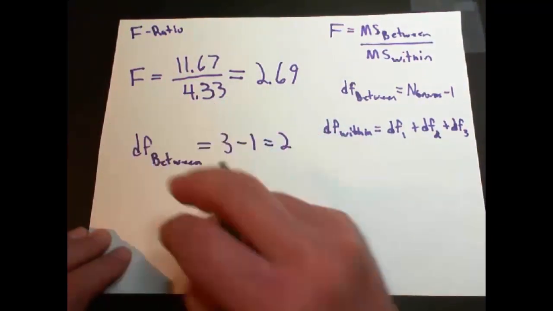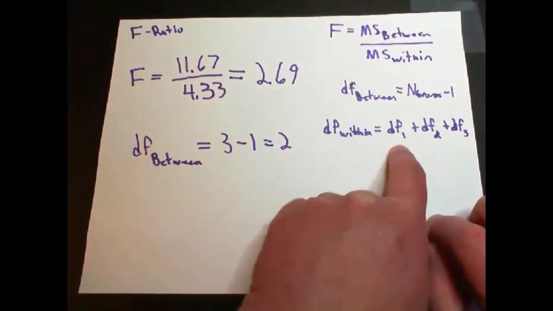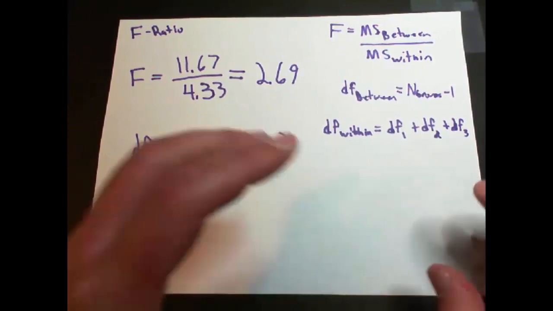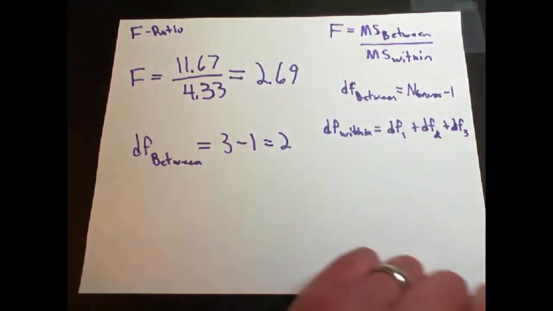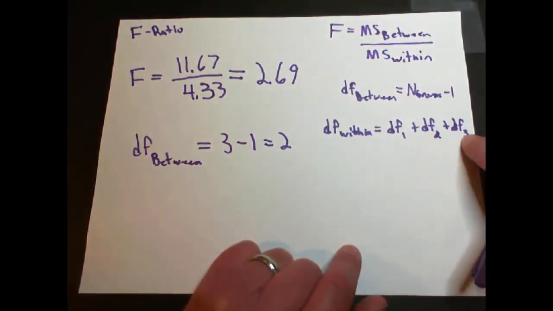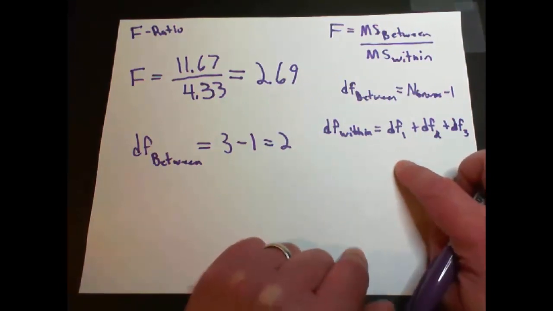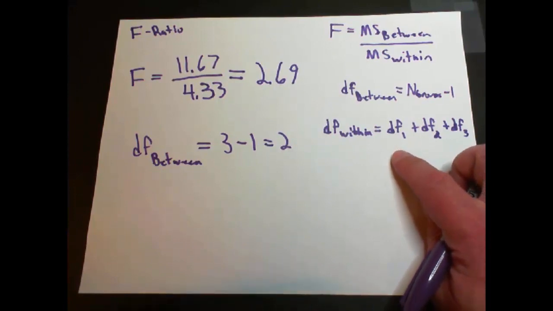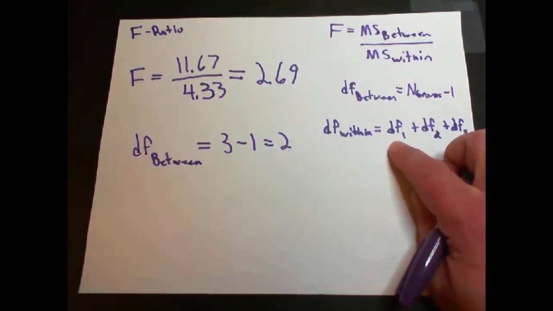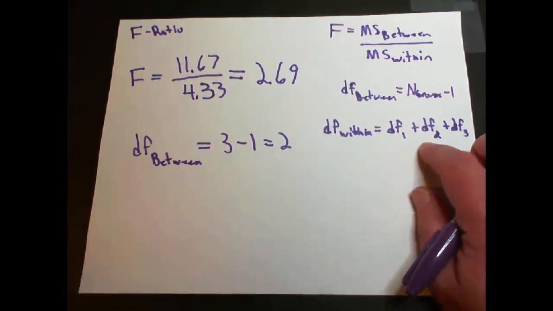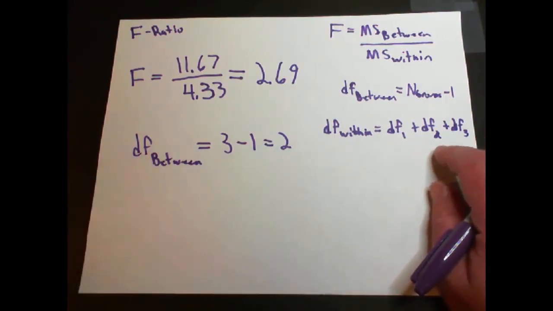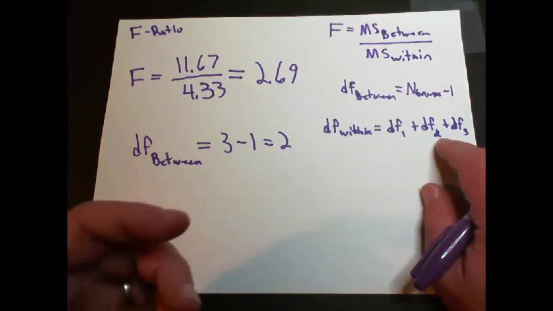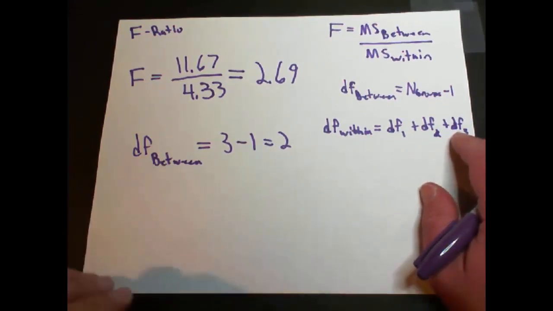Our degrees of freedom within is the sum of the degrees of freedom that we have within each of those groups. So when we estimated those variances separately within each of the groups, we divided by n minus 1. So we take the n minus 1 for group 1, in this case the placebo group, plus n minus 1 for group 2, which was the CBT group, and n minus 1 for group 3, the psychoanalytic group.